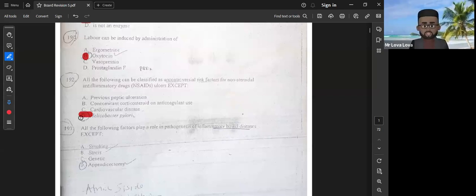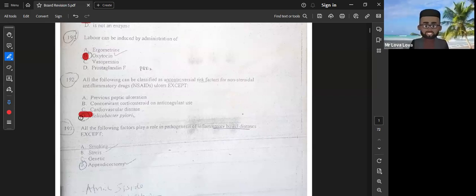But when they say except, which one is a controversial risk factor? H. pylori will be the controversial risk factor, because you don't know if H. pylori caused the ulcer or the person has been taking the steroid that caused the ulcer. So there's a controversy. Is it the H. pylori or is it the NSAID?